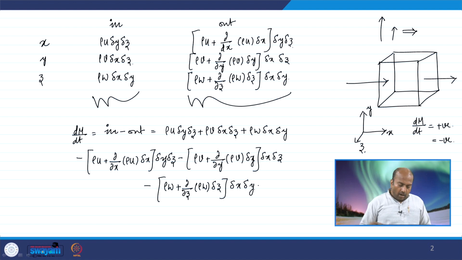So, straightforward, we can cancel these three terms, and the first terms within the bracket will disappear.